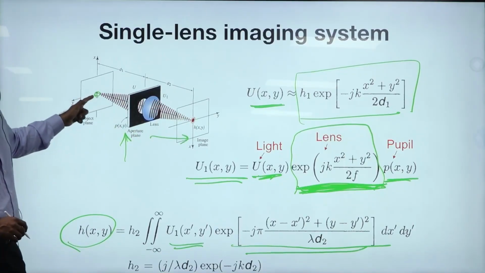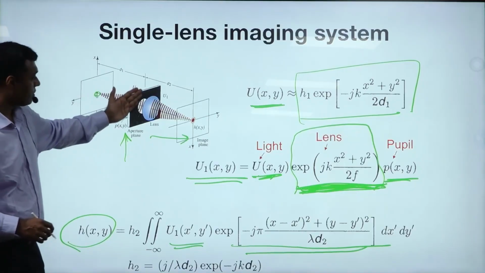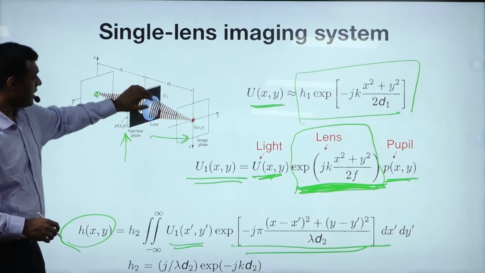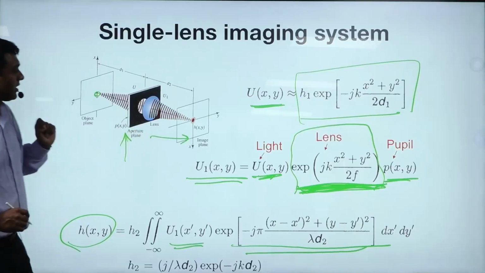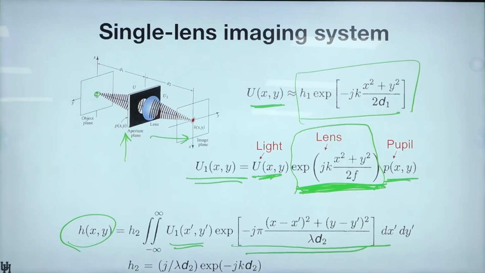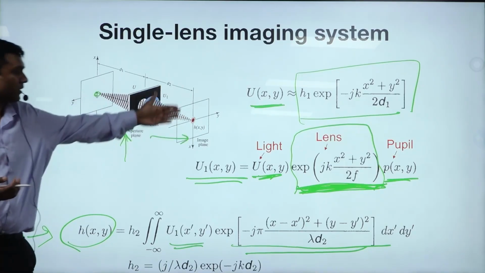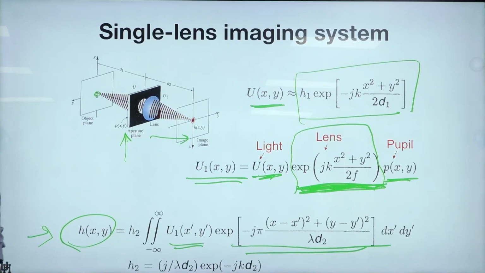So you started with a dot. It goes through a pupil aperture and a lens, and you focus onto a dot. We want to find the shape of this. What do you see in this plane? That will be this h of x, y, which is what you will see on the screen if you put a screen or a detector over here. So, any questions?